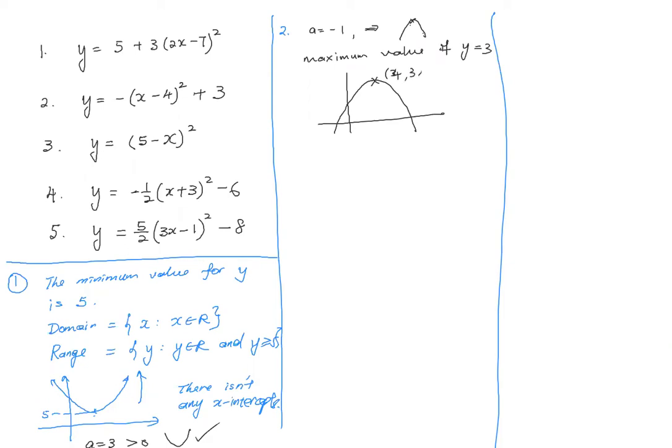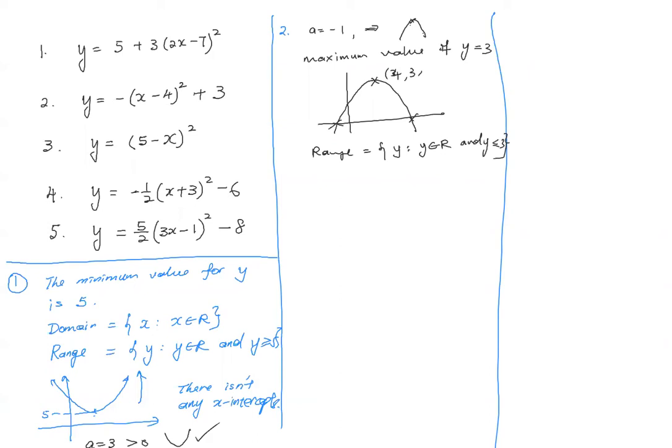So you got, if it's a maximum curve and the maximum, that means the range. If the domain X is a member of real number, so the range will be Y is a member of real number and Y is less than or equal to 3.